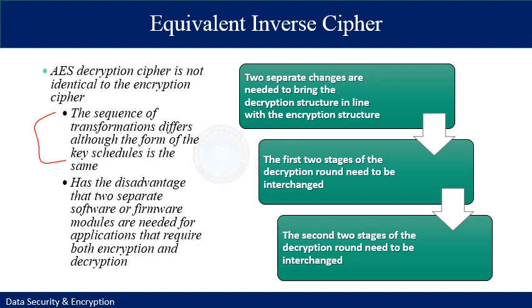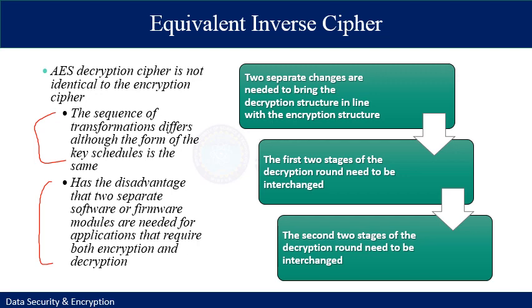So it has the disadvantage that two separate software or firmware modules are needed for applications that require both encryption and decryption. It has been discussed a couple of times now that you will require two software applications, one for encryption and the other for decryption. However, the key mechanism and the key expansion rounds are similar for both.